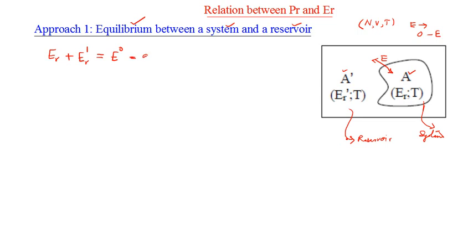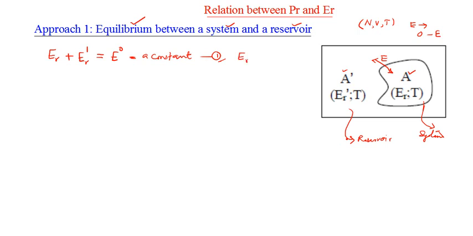So the total energy of the system plus surrounding is taken to be a constant. And there is a condition that compared to the energy of the surrounding, which is ER prime, or compared to the total energy of the system plus surrounding, the value of ER is very, very small.